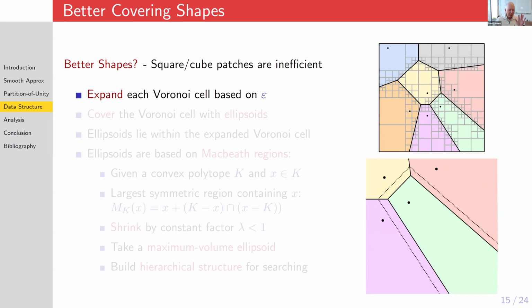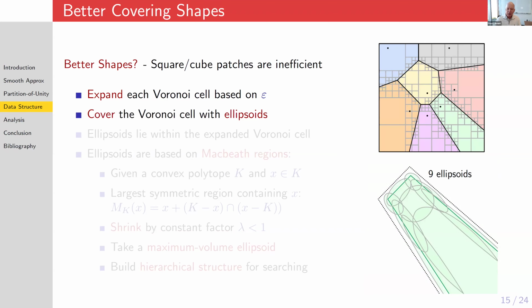And for those of you who know me, you know the word McBeath is about to appear in the next few slides. Okay, here's the idea. We're going to expand each one of these Voronoi cells. The way we do the expansion is a little bit tricky. Here I'm just moving the sides by some fixed distance, but we really have to be a little bit more clever than that. The moving of the sides by a fixed distance is to make sure that I have things that still look like nice convex polytopes.